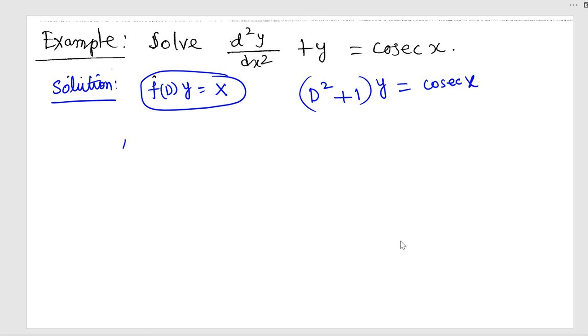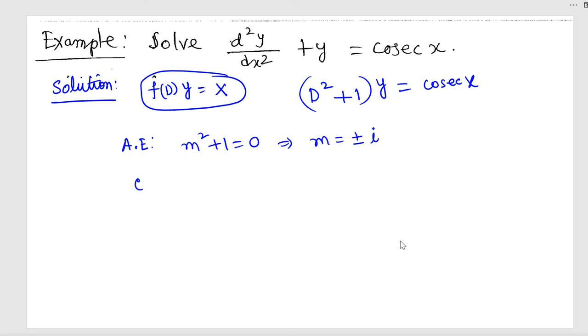Now the auxiliary equation is m² + 1 = 0. So from here m = ±i.